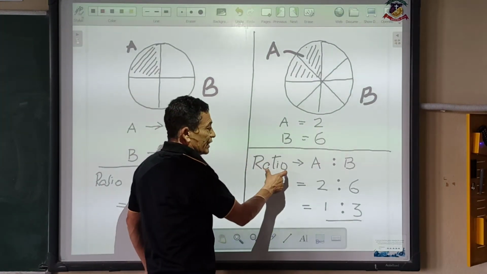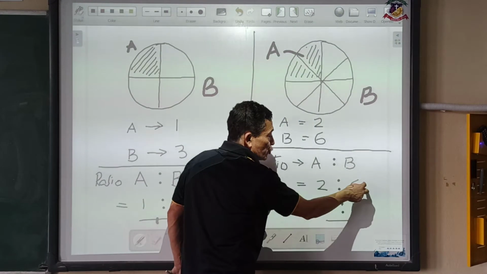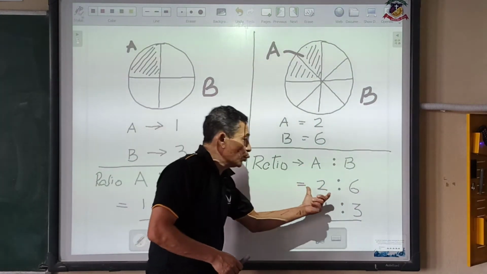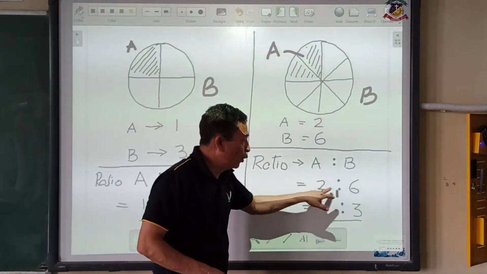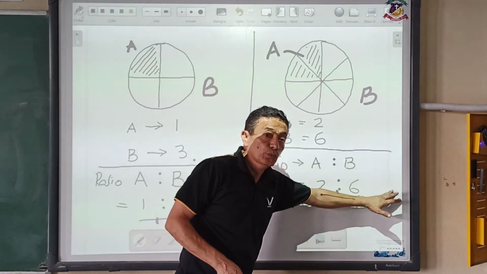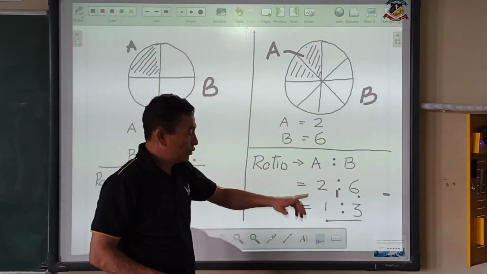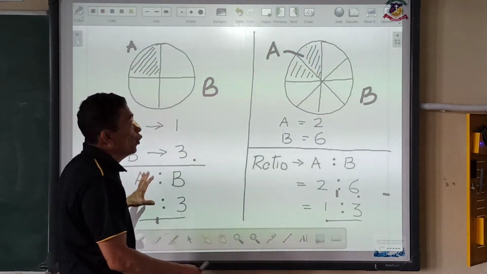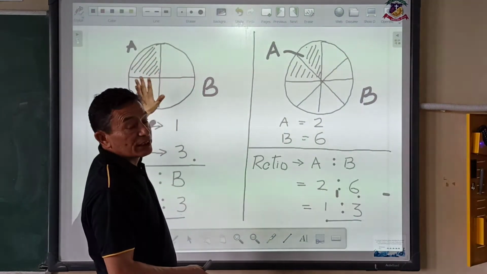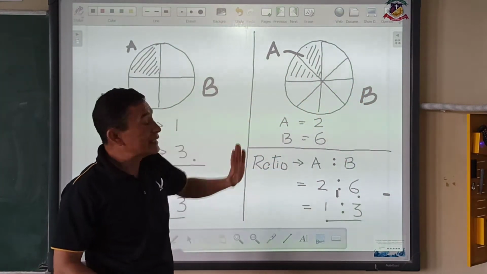The ratio here, A is to B, will be 2 is to 6. I can further make it smaller by dividing both of them by 2. So, I get 1 is to 3. So, the ratio in both these cases remains the same, though in the first one it was divided into 4 parts and in the second one into 8 parts.